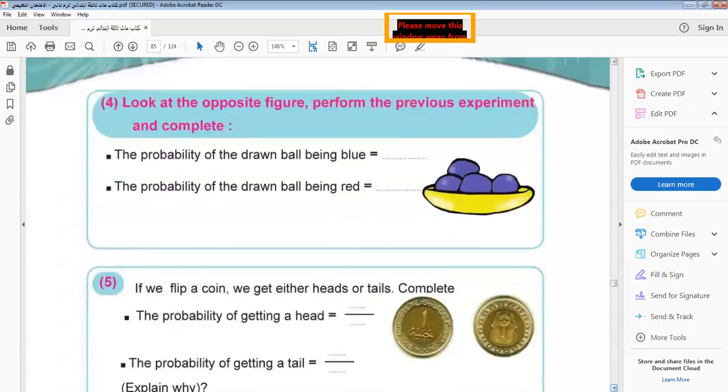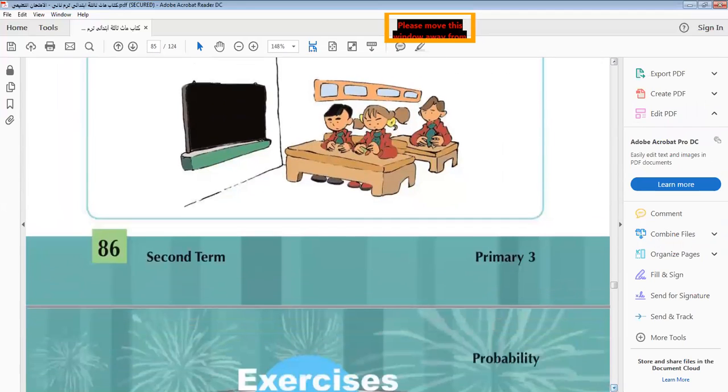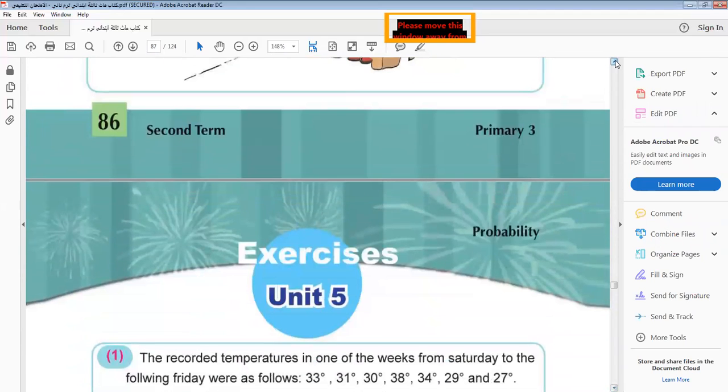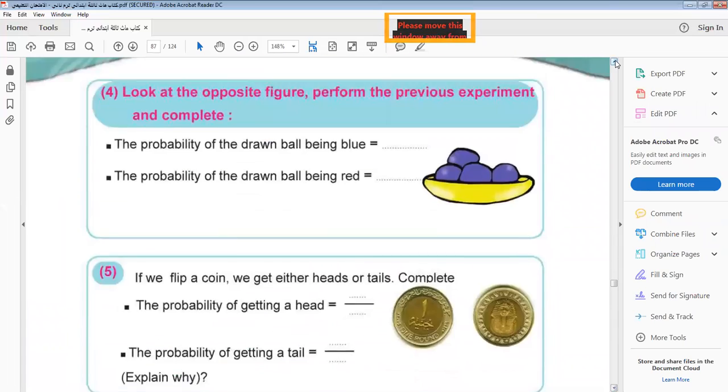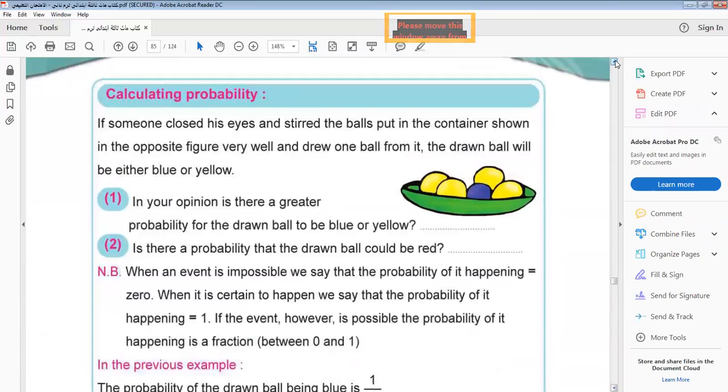In page 85, if someone closed his eyes and drew a ball blindly, in your opinion, is there a greater probability for the drawn ball to be blue or yellow?